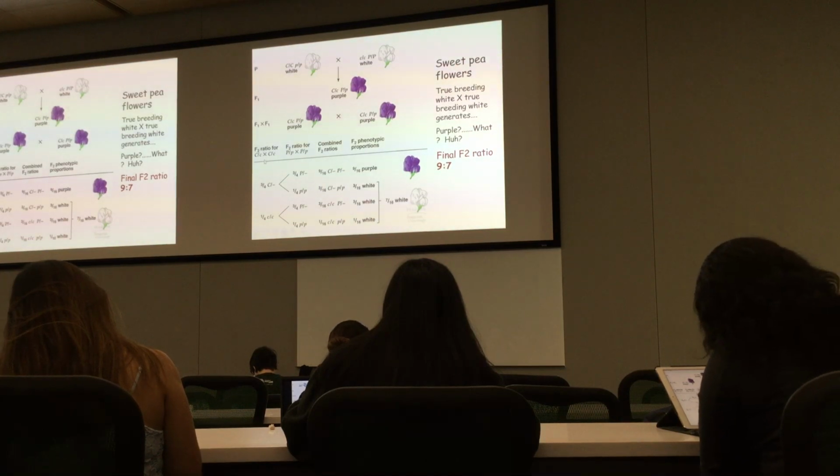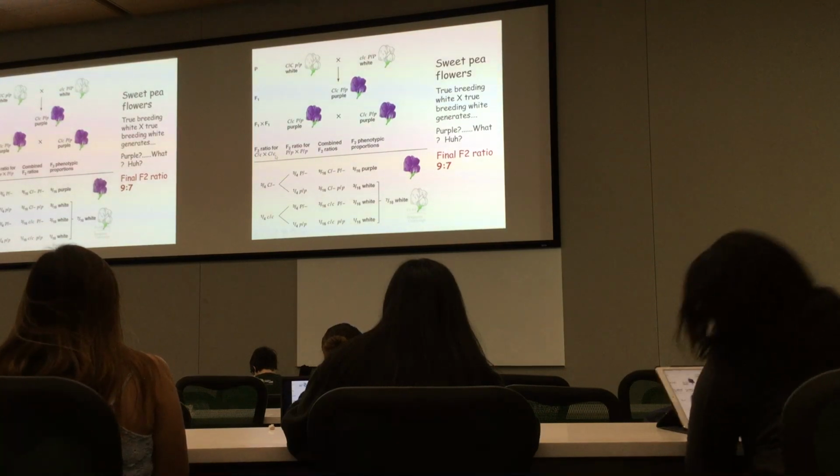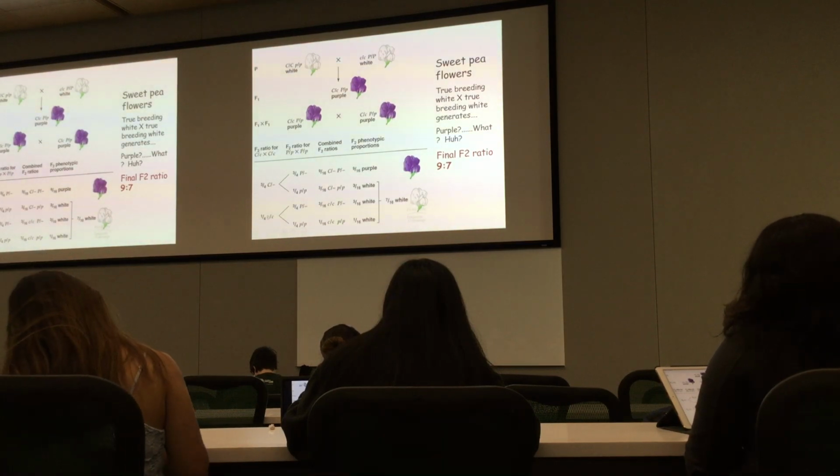So let's suppose you did a cross big C, small c times big C, small c, and you cared what the genotype was exactly, because maybe the output phenotype would depend on the genotype. So in that case, you might have 1/4 big C, big C, 2 out of 4 heterozygous big C, small c, somewhere in the middle, and another 1/4 small c, small c.